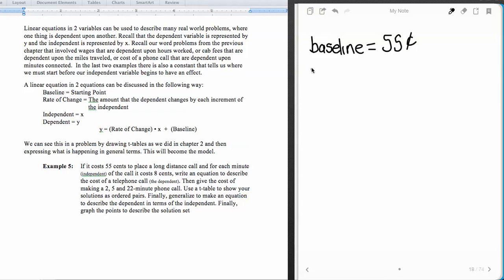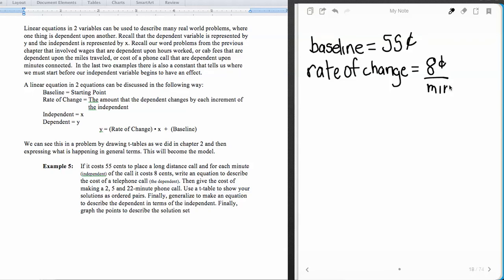So I'll write that down. And then the rate of change, that's how much does it cost each time I'm going to talk another increment of the independent, which is the number of minutes. So my rate of change here is the 8 cents per minute. So I'm going to have 8 cents, and then we have that over the minutes.